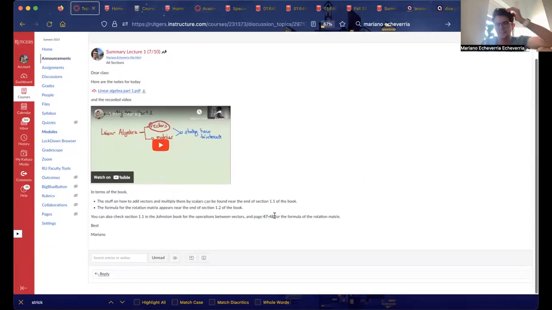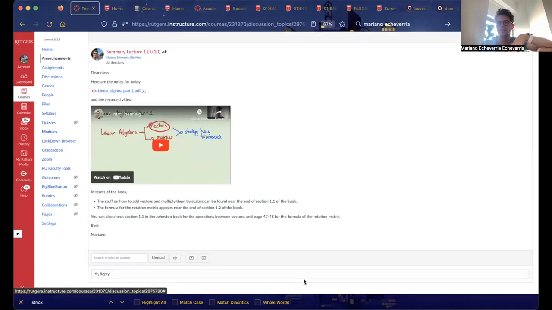They do it a little bit late, but it's on page 47, 48. You can just use that one if you want. That one has more colors, I guess, so it's nicer. You just have to compare with the announcement to see which class corresponds to what part of the book. But yeah, you can do that if you prefer.